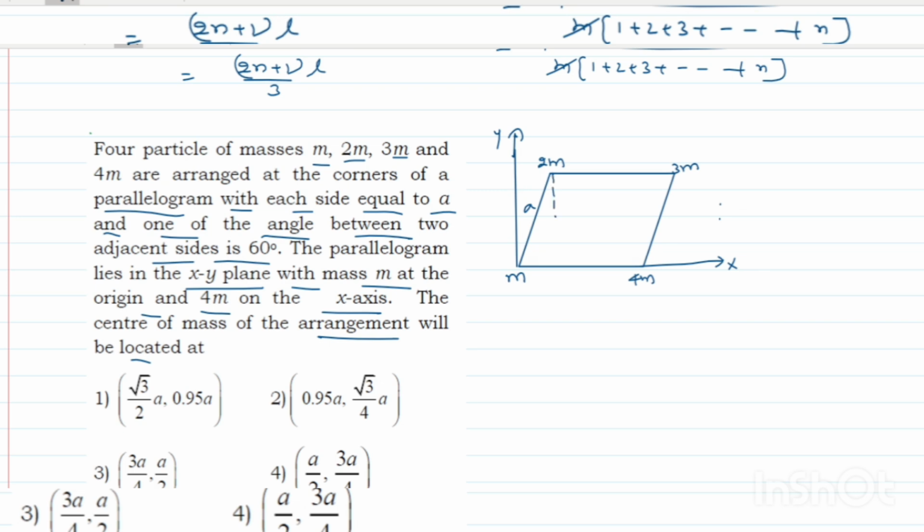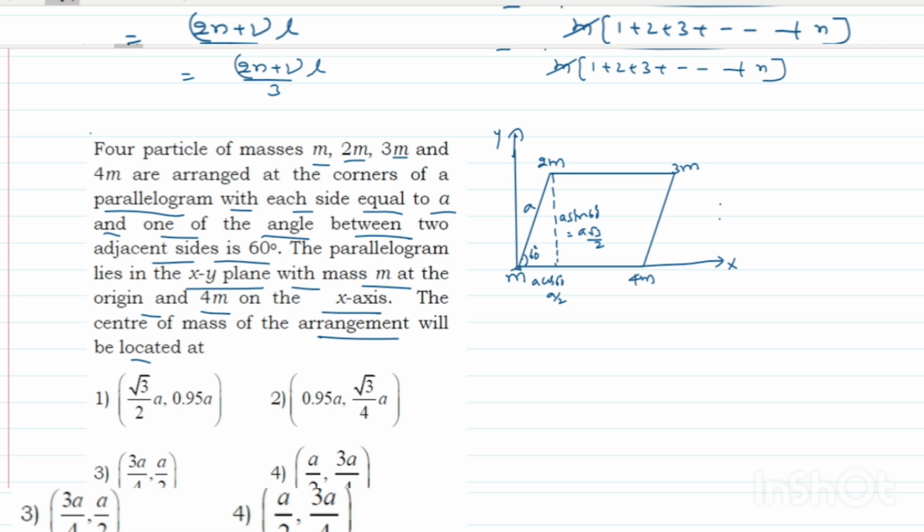So for side a at 60 degrees, the components will be a cos 60 and a sin 60, which is a into root 3 by 2, and a cos 60 will be a by 2.